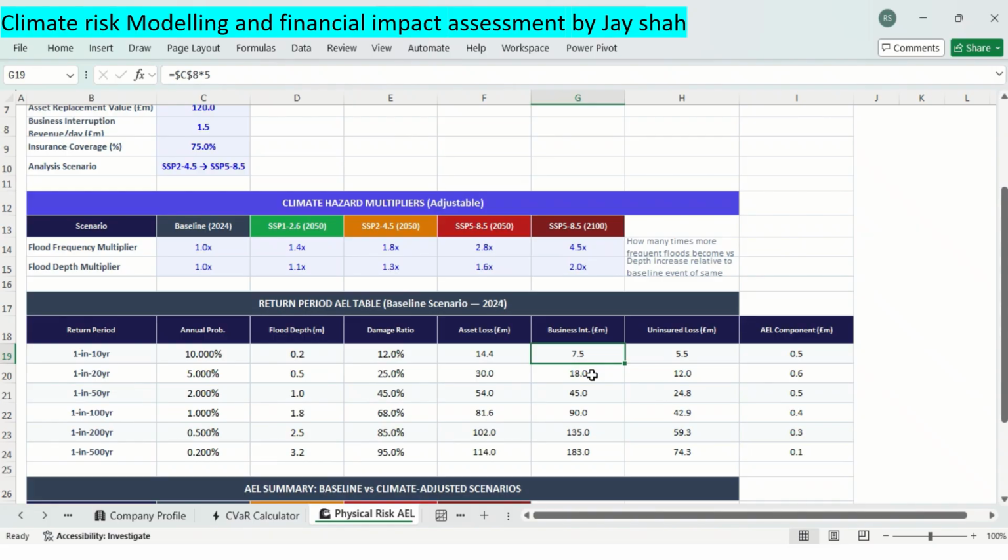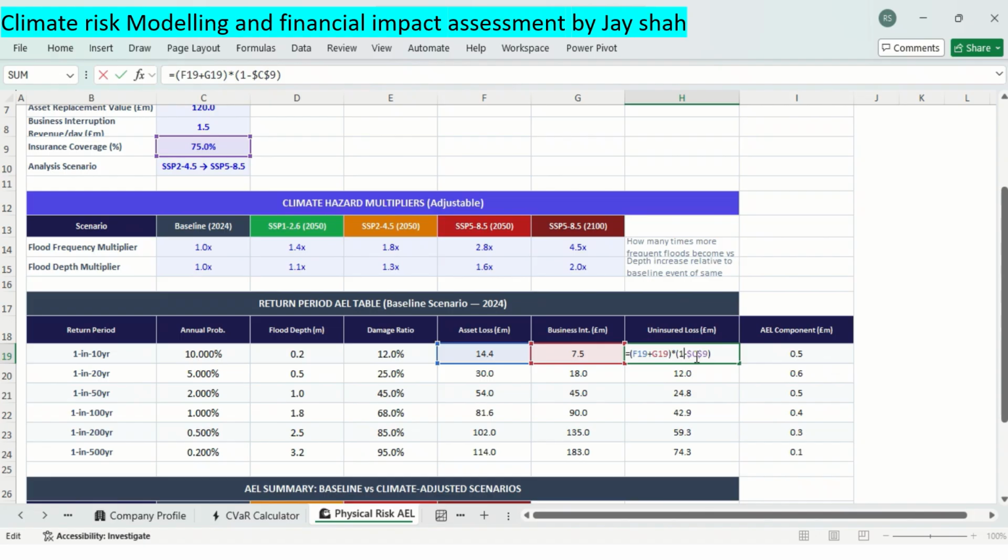Then H19 covers the overall uninsured loss, using the typical formula for an uninsured loss of 25%. Asset loss plus business interruption, multiplied by one minus insurance coverage, covers how much is not insured. The expression applies the inverse of insurance coverage.